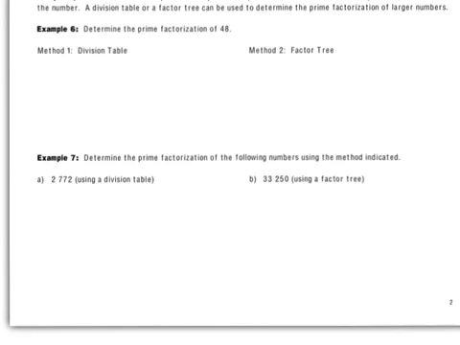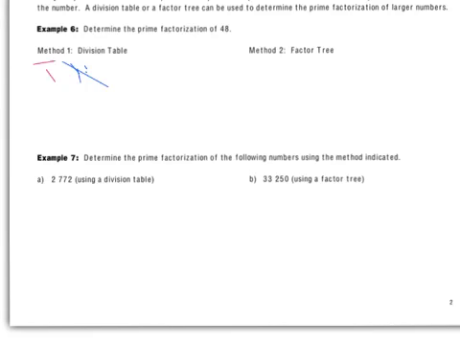We have the number 48, and we're going to put a little box like this around it, and we're going to just divide it by any number. We can choose any number, and the obvious one that jumps out at me is the number 2. And if that number is a prime number, I'm going to circle it.